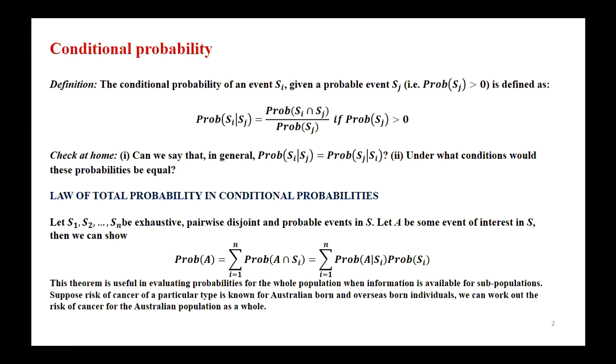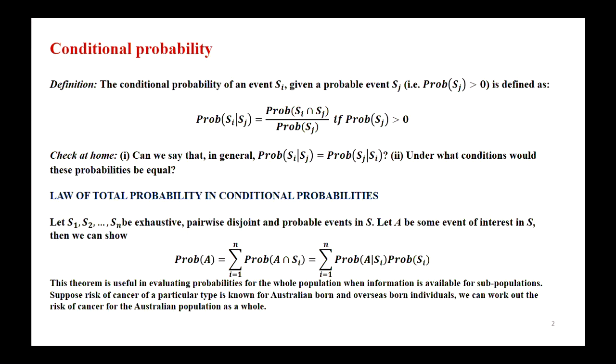So when is this useful? This is useful if we know something about subpopulations, but we want to infer something about the population as a whole. Our Sj's would be subpopulations. For example, let's consider cancer.